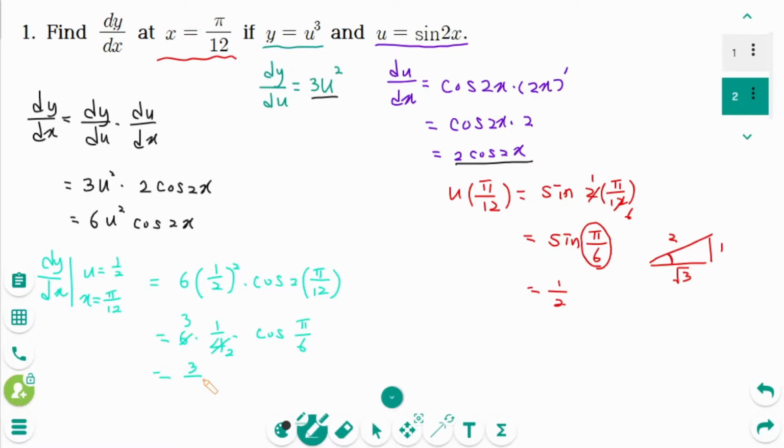So 3 over 2 times, use this one, cosine pi over 6 is square root of 3 over 2. The final answer is 3 square root of 3 over 4.